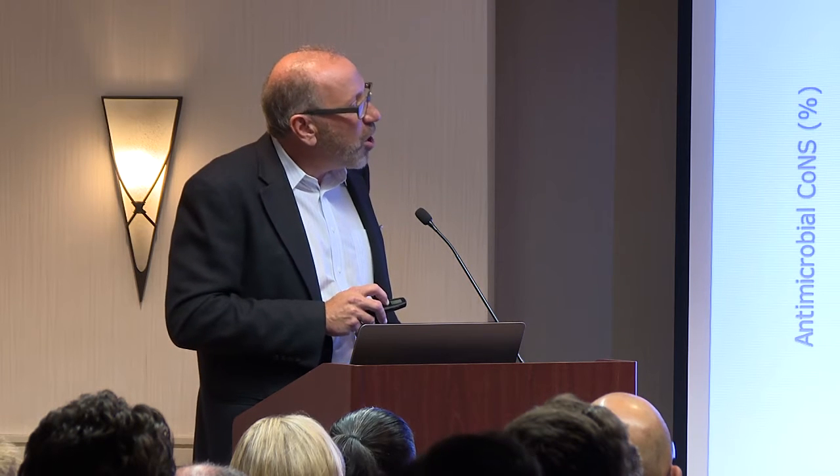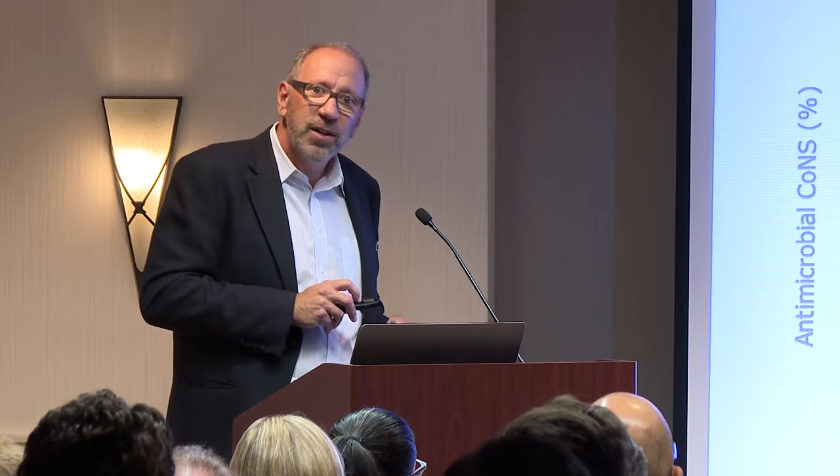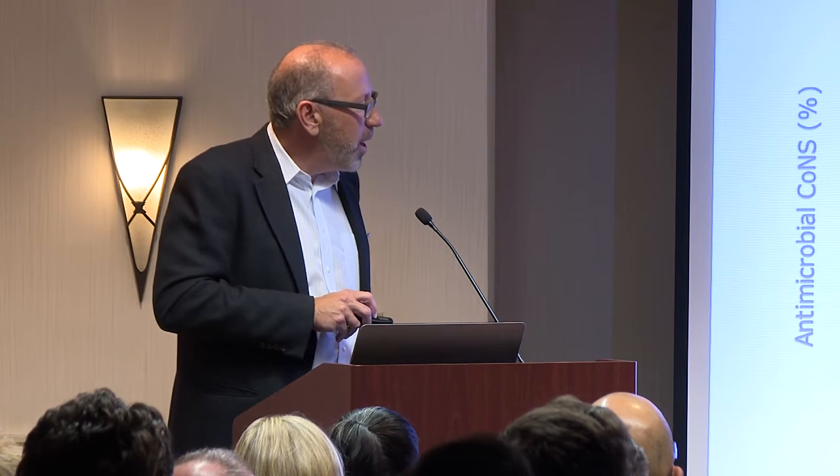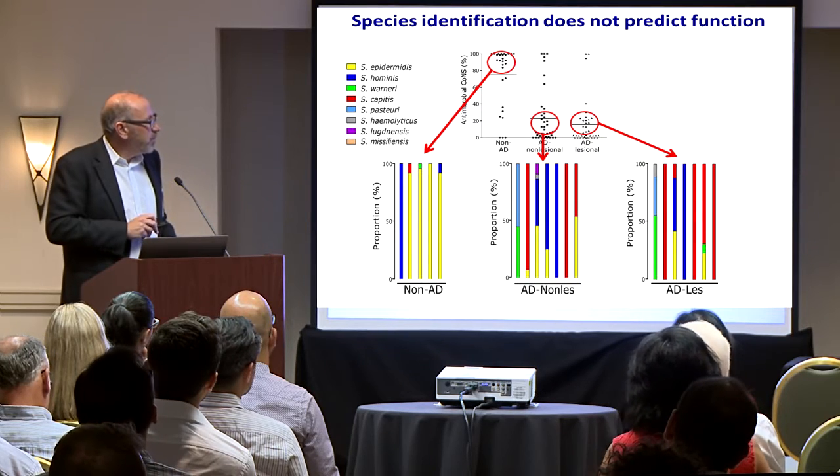And what was really remarkable, very, very rarely non-atopics have a little bit of Staph aureus growing. It's not a normal condition, it's not healthy, but they didn't have atopic dermatitis and it wasn't clinically apparent. And those people happened to pick up with a community of microbes that were low anti-Staph aureus activity. What does this mean?